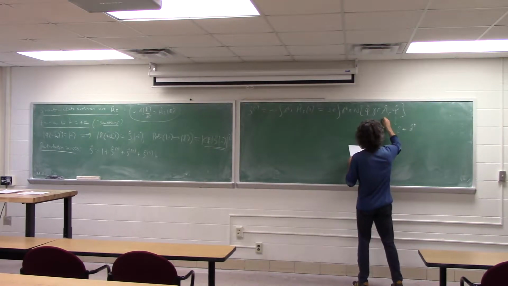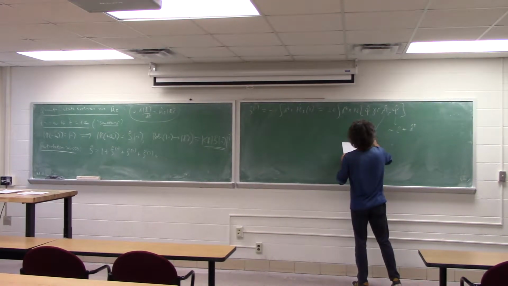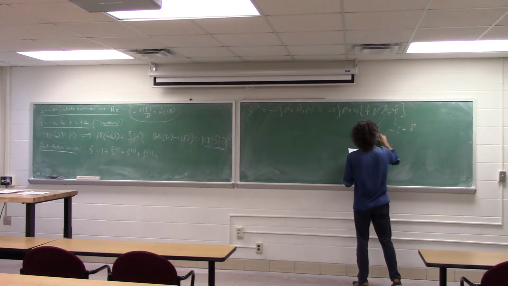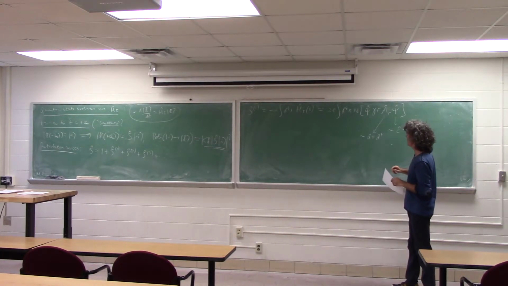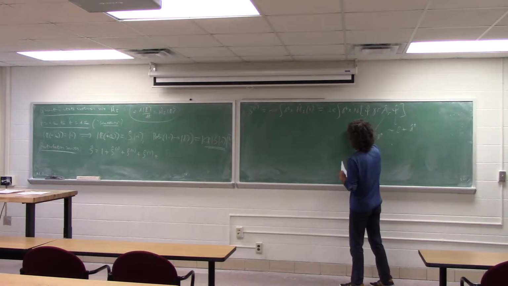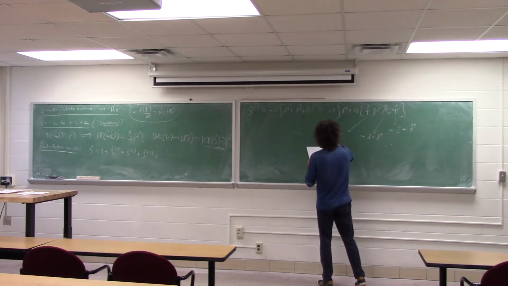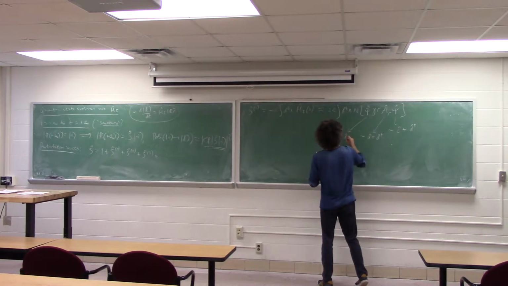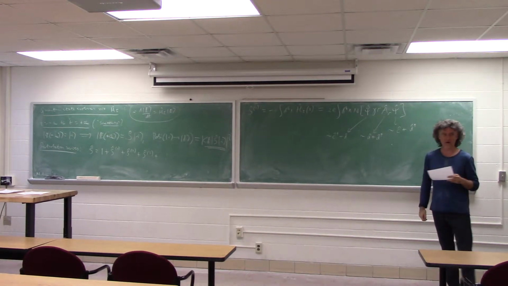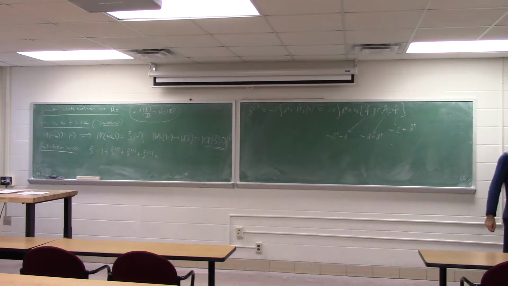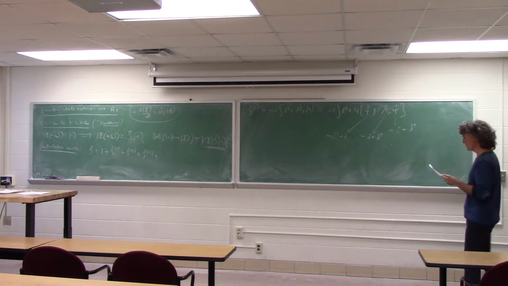The A mu expanded in terms of plane waves is of the form a plus a dagger, creation and annihilation operators for photons. And the psi bar is of the form c dagger plus d. You have creation operators for electrons and annihilation operators for positrons.